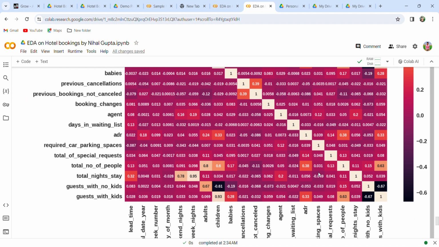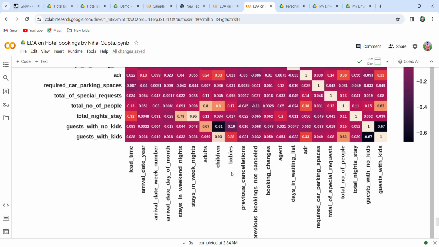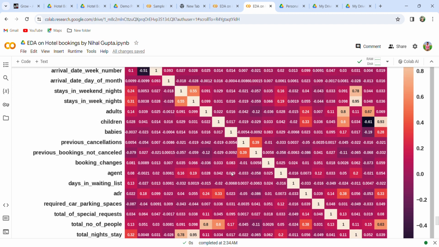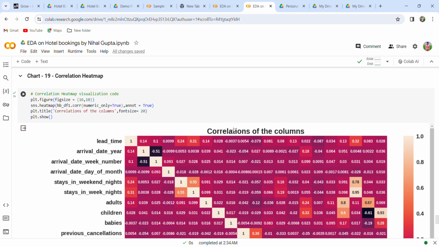So this is going to give us the whole analysis, and amongst them which are similar and which will help in the correlation of columns.